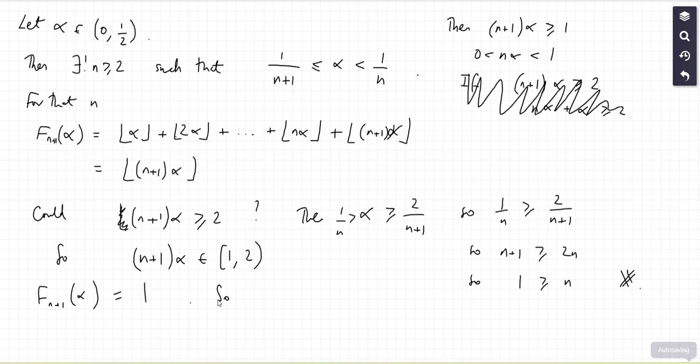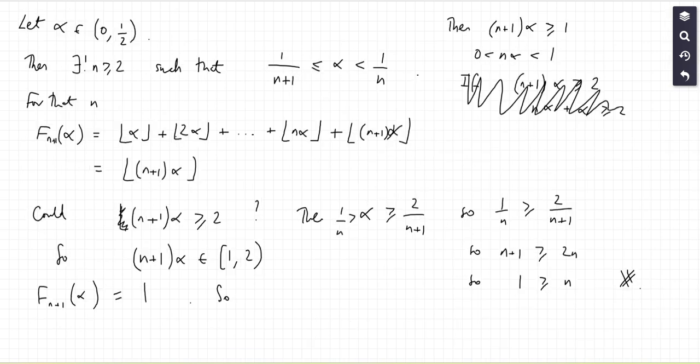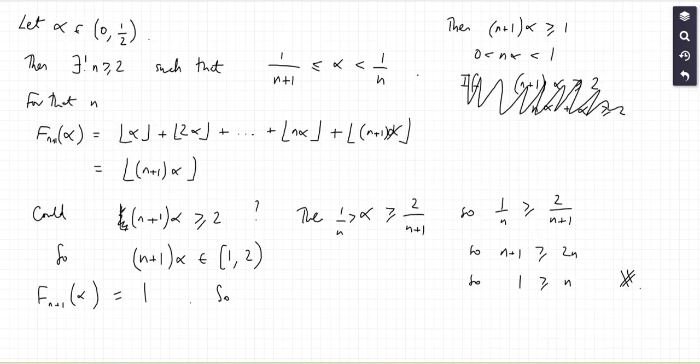So, just going back to the original claim, we've shown that alpha is not in S_{n+1} because it has to be a multiple of n. And we know that n is greater than or equal to 2.